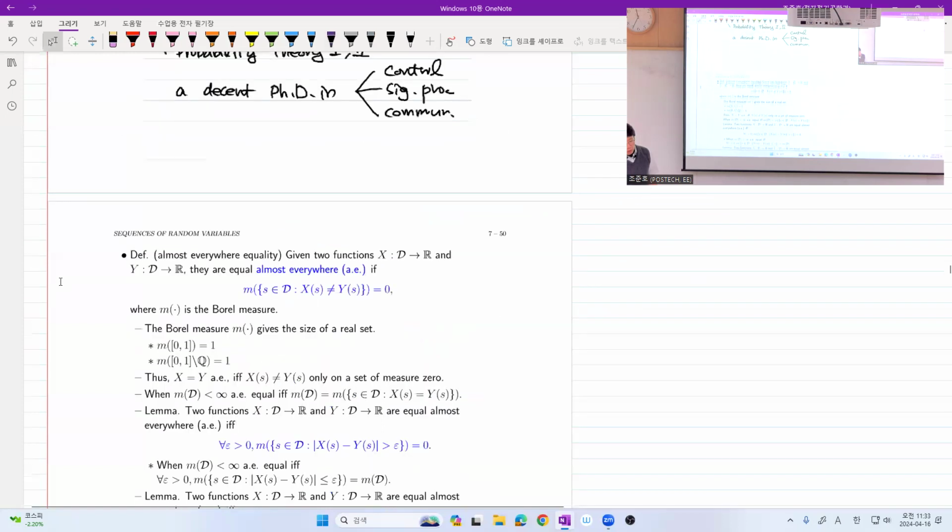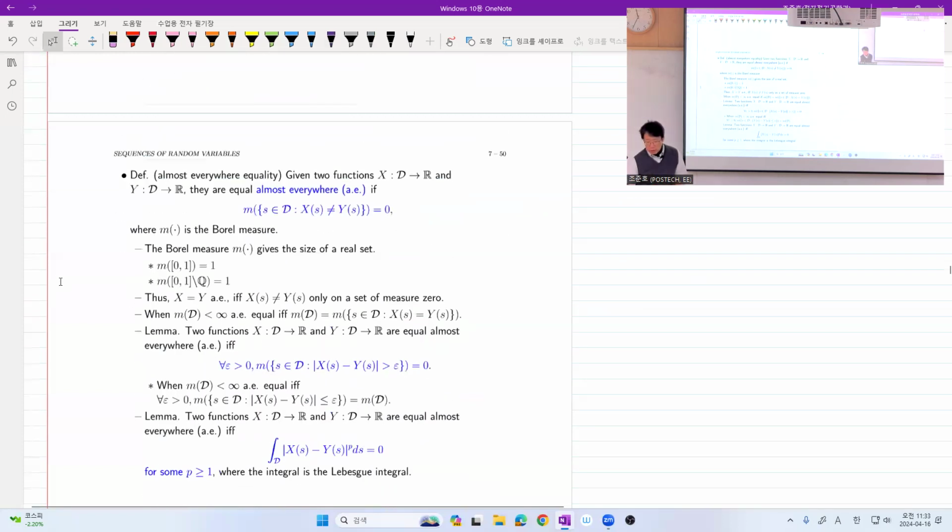Now what we do is that we calculate the so-called measure of the set where two functions are different. So in the common domain, we find the subset of the domain where two functions are different. That is the first step.